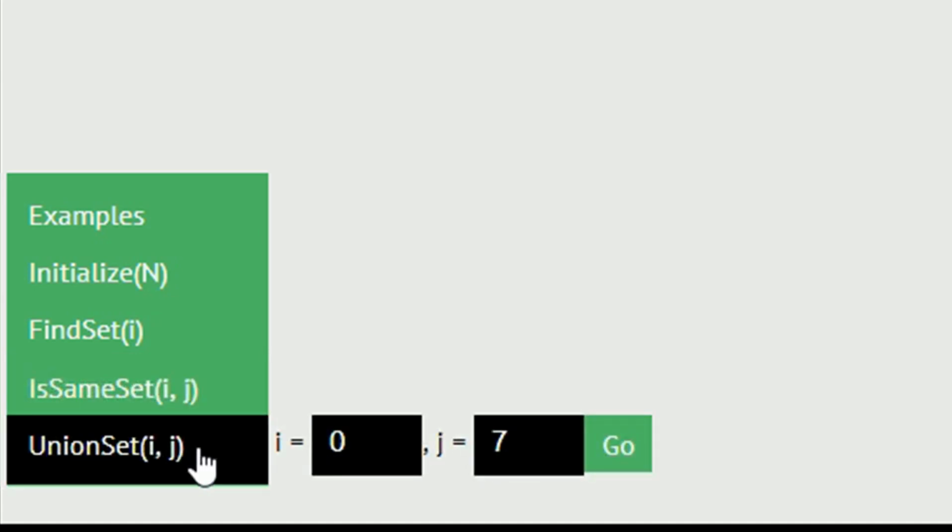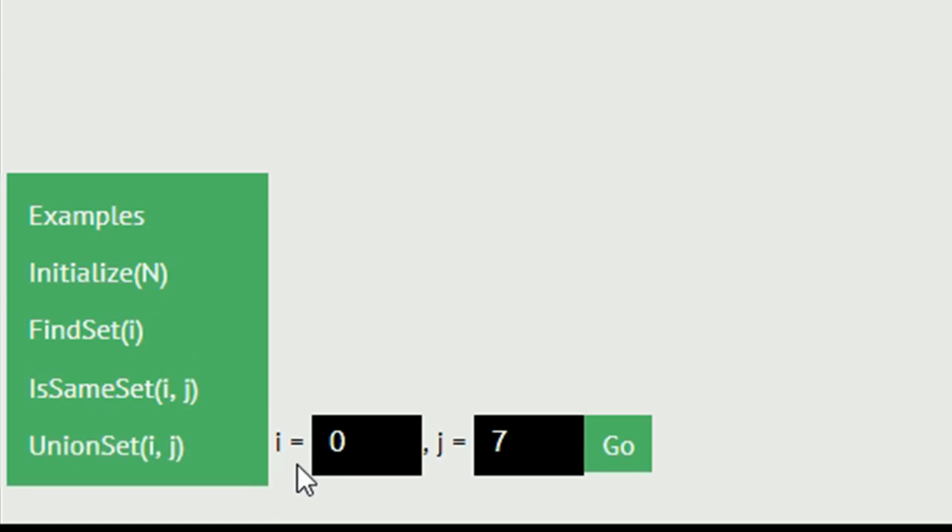let's perform the union operation. Here I have two values i and j. I can give the numbers of which two disjoint sets I want to union. So let's say first I'll say 2 and 4.